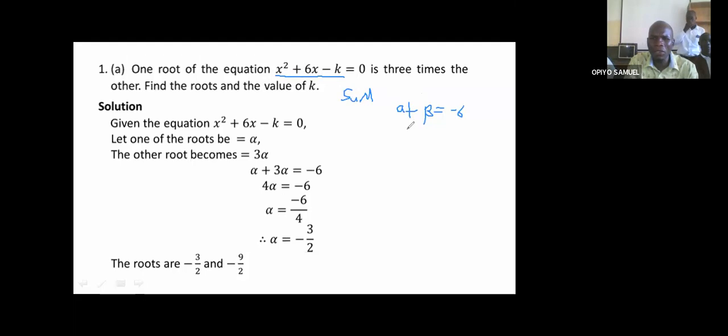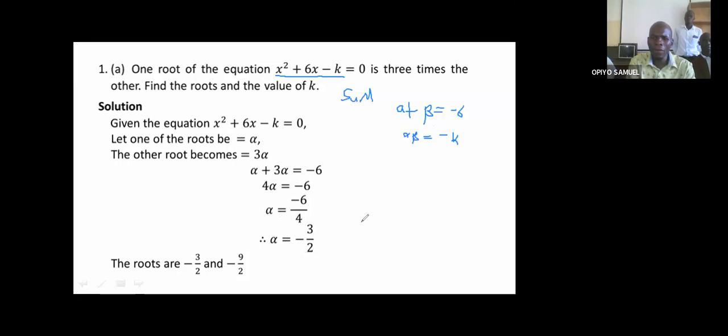On the other hand, the product of roots will be alpha beta, and in this case alpha beta equals negative k. In solving this problem, we have the sum of roots equals negative 6, and from this we straight away get the value of alpha.